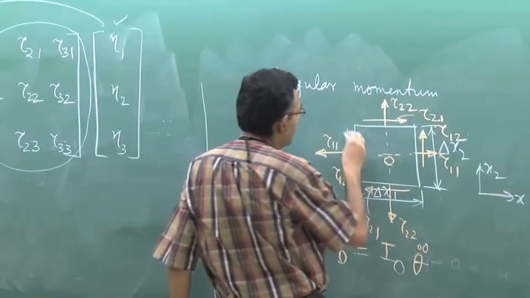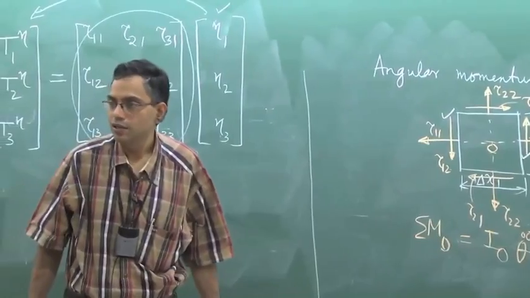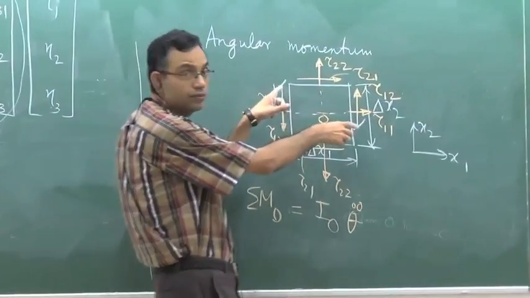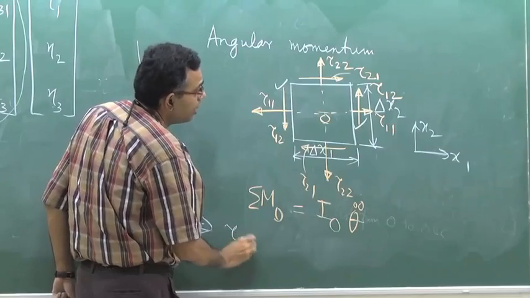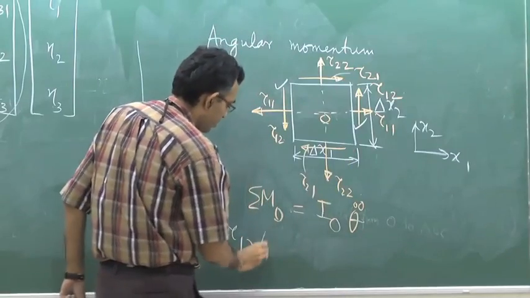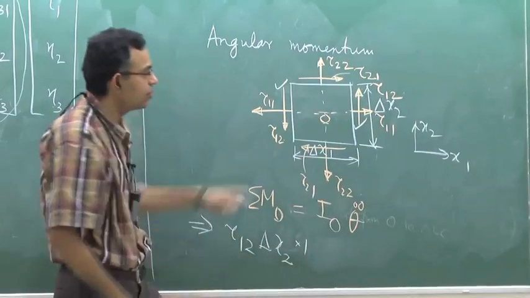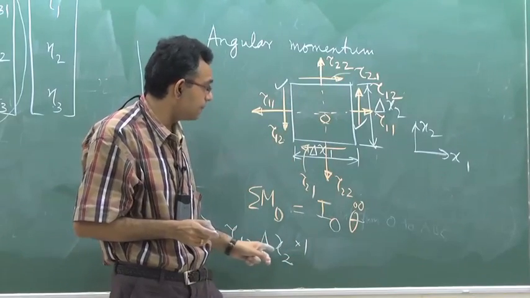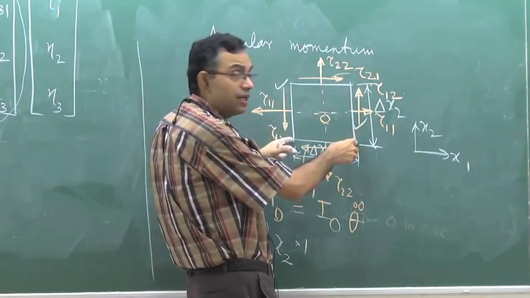What kind of moments? If you take these two shear components, they will form a couple. Therefore the moment is a couple moment. So what is the couple moment of these two? Tau 1 2. What is the force? Tau is not the force. Tau 1 2 times delta x2 times, let us say the width of the element perpendicular to the plane of the figure is 1. So this is the force, times the length of the couple arm, which is delta x1.